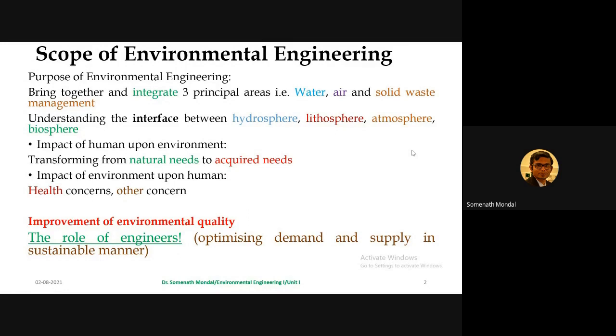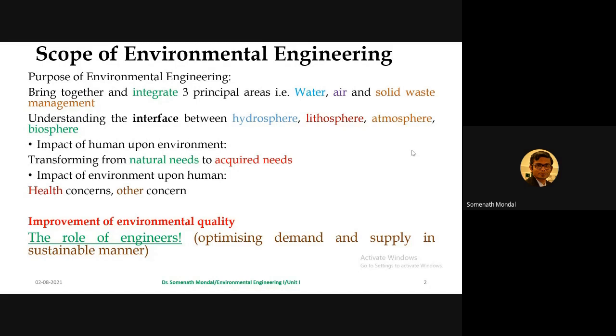The biosphere is the most ignored part, and we, being civil engineers, should not do that, because knowingly or unknowingly we deal with a lot of biotic components during our activities. That is why we should understand the interface of all those spheres, then focus on that particular scope, and accordingly we should design.